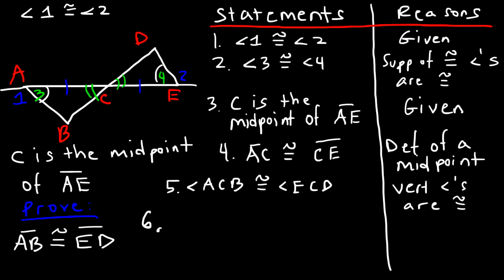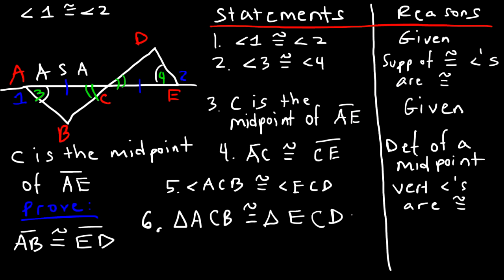So now we can prove that the triangles are congruent. We have an angle, a side, and an angle. So let's say that triangle ACB is congruent to triangle ECD. And that's using the side angle, actually that's the wrong one.